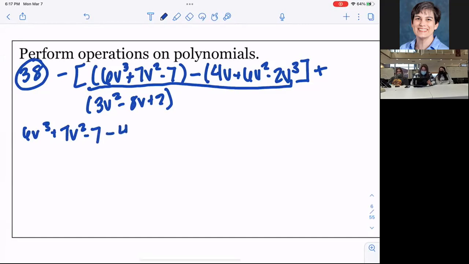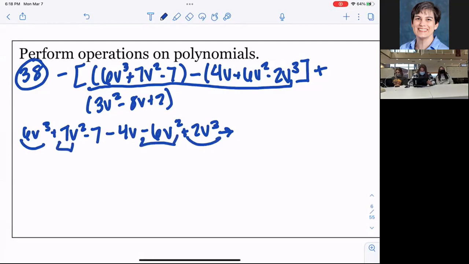So I'm going to say, okay, minus 4v minus 6v squared plus 2v cubed, which ultimately is going to give me, okay, I've got these like terms. I've got this one, these two, and I believe that is it. So I've got 8v cubed, okay, plus v squared minus 4v minus 7.